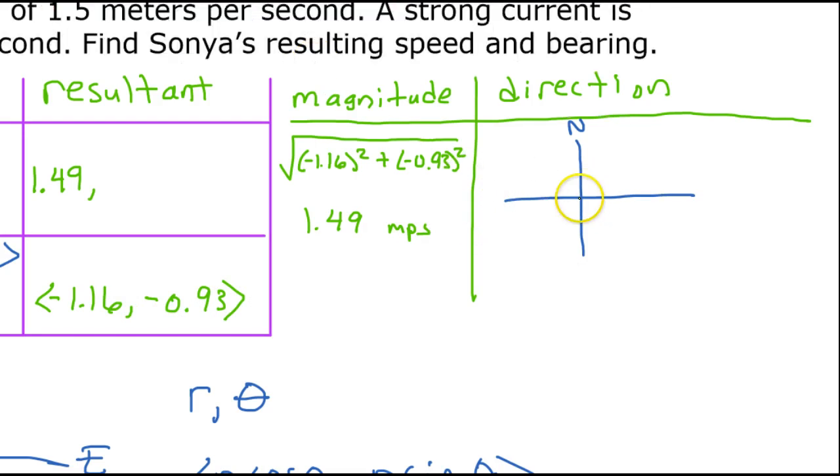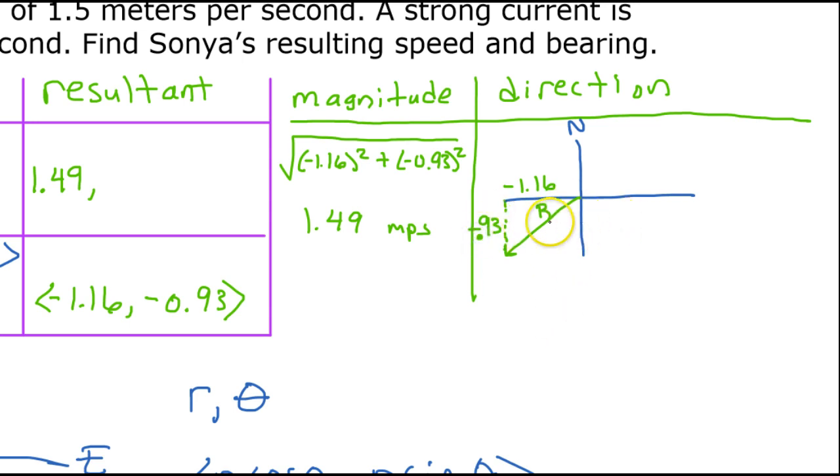So let's just draw our vector going into the third quadrant like this. Alright, let's go ahead and find this reference angle by making a little triangle out of it. And it was left 1.16 and then down 0.93.